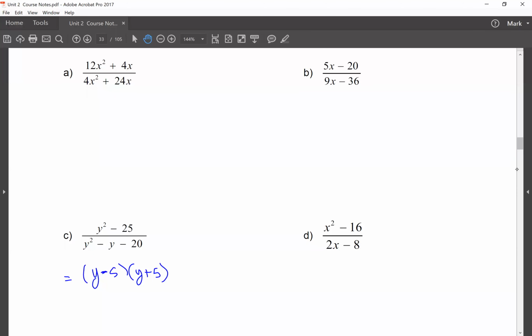What about the bottom? Well, this is a trinomial. So what I need to do is factor this by thinking of two numbers that multiply to give me a negative 20 and add to give me a negative 1. This we did yesterday.